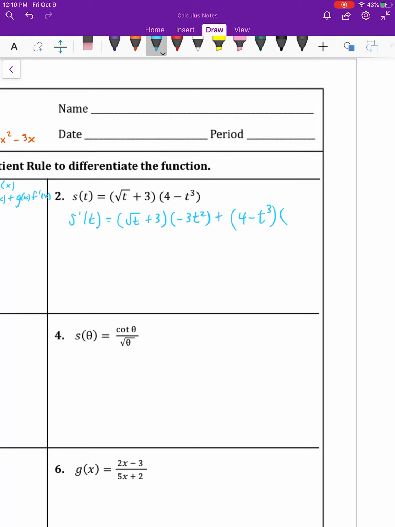Well, the derivative, I'm going to go over here. If I was taking the derivative of the square root of t, I would make it the derivative of t to the 1/2. I would bring the 1/2 down times t to the 1/2 minus 2/2. So 1/2 t to the negative 1/2, 1 over 2 times the square root of t.